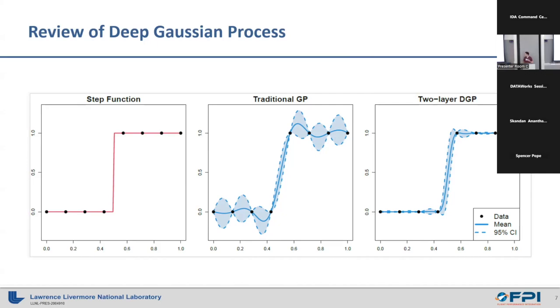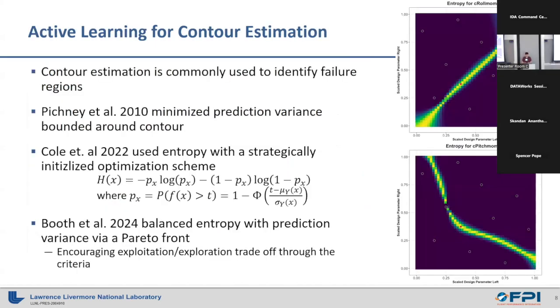But in addition to just building the surrogate model, we want to have an acquisition function that allows us to capture that trim condition. To start with, we thought about what some of the possible methods out there are. The first thing we thought about was active learning for contour estimation.